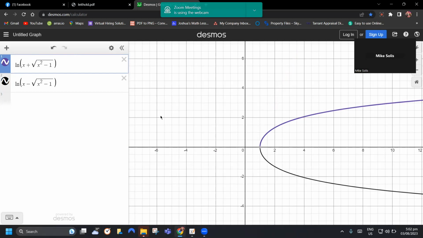So, ngayon, tingnan mo yung graph ng y equals cos x. Gawa kang dalawang graphs.